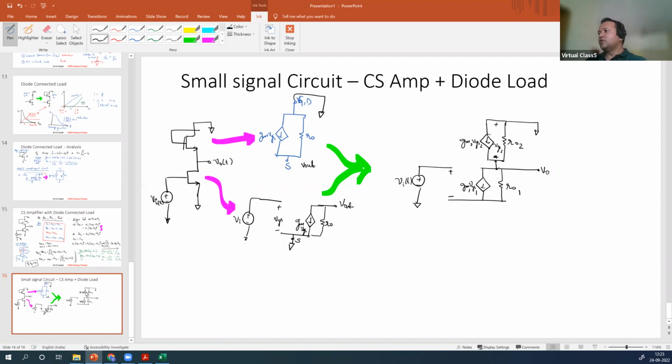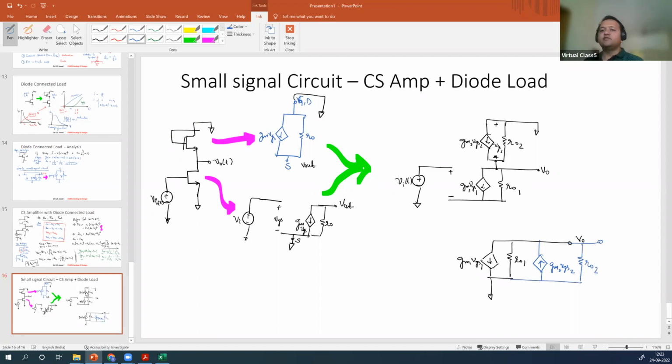Now, since this is a common node and this is connected to ground, you can rewrite this as gm1 VGS1, R01 is grounded. Now from this node Vo to ground, the current will change direction. gm2 VGS2 to the ground, and there is R0, R02.